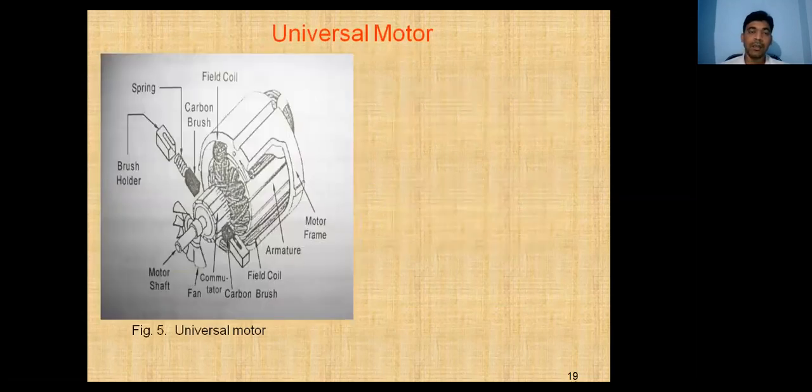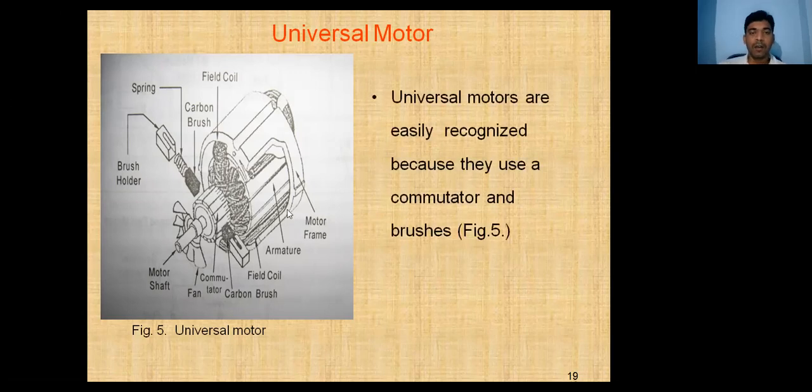This is the universal motor. So here is the motor frame. These are the field coils. This is the carbon brush. This is the spring to press the carbon brush to the commutator.